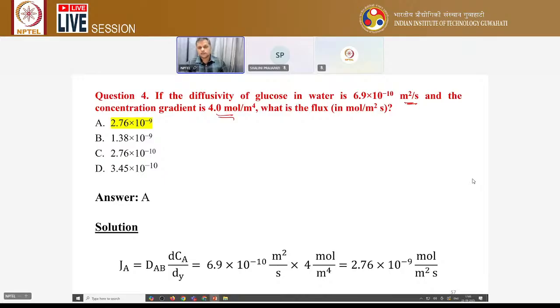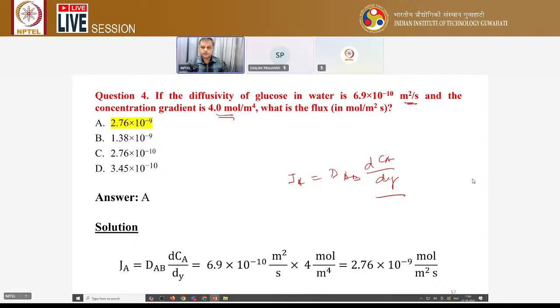It says it is following Fick's law of diffusion. So J is equal to D_AB, which is given to you, times dC_A upon dy.